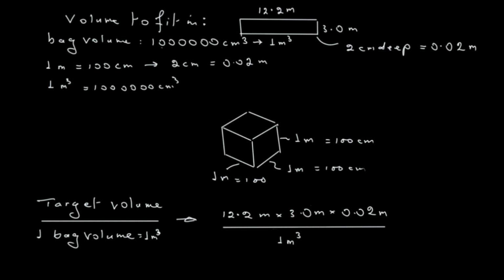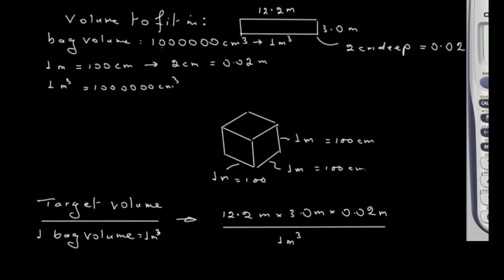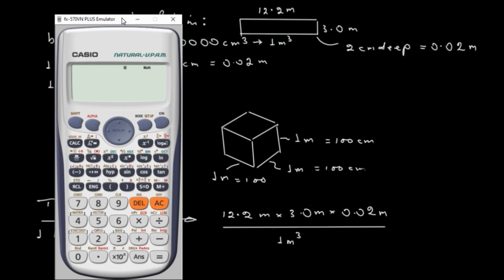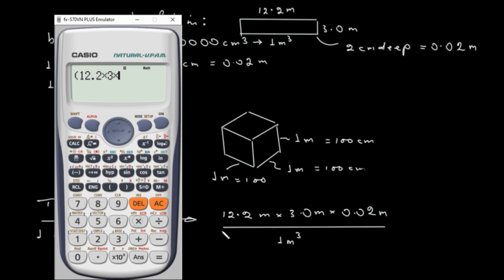So let's do that. It's on the wrong screen, hang on. And let's put it there. Here we go. I'm going to put it in a bracket, all the top in one bracket: 12.2 times 3 times 0.02, close bracket.